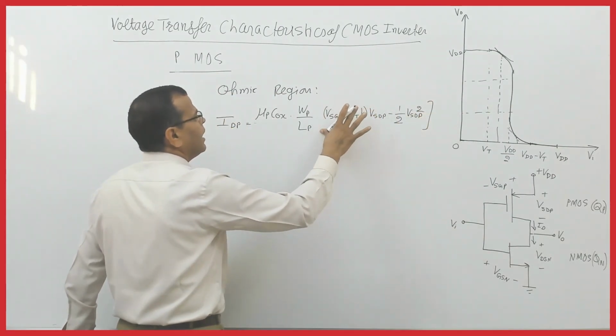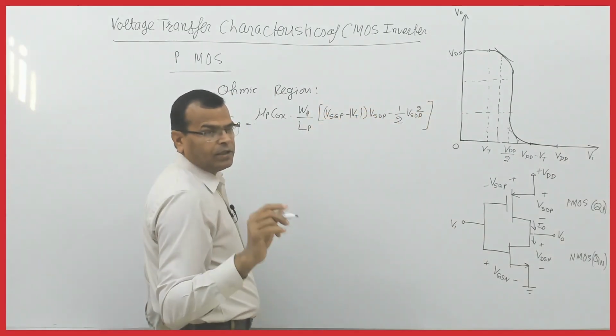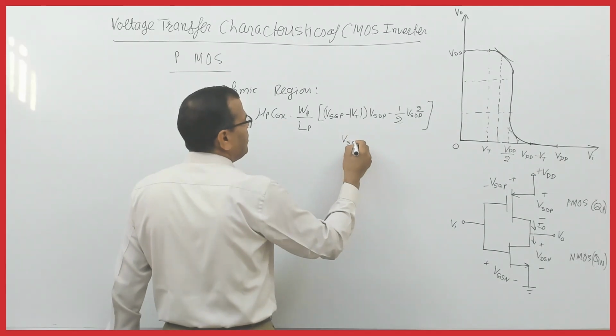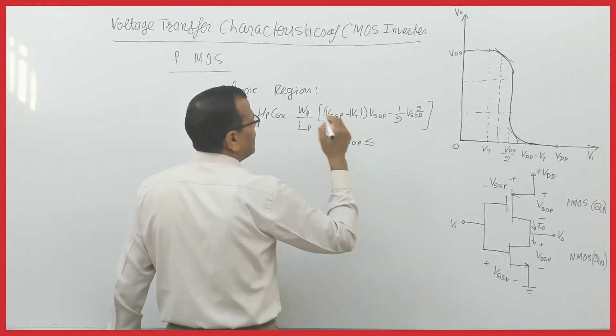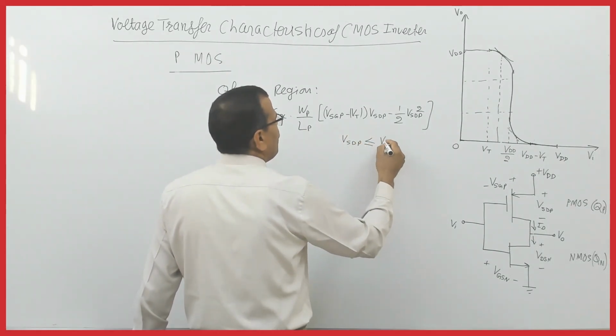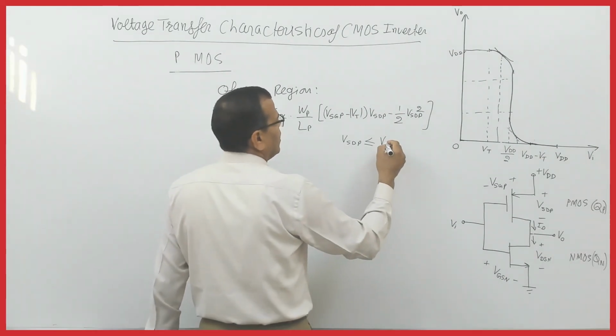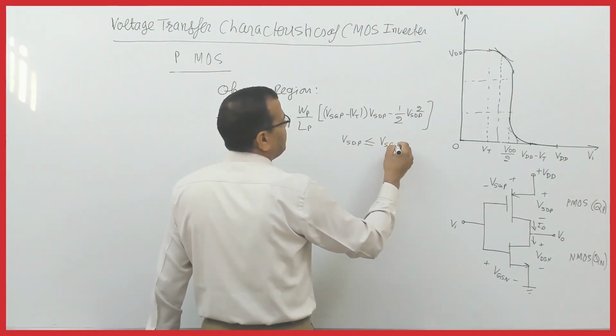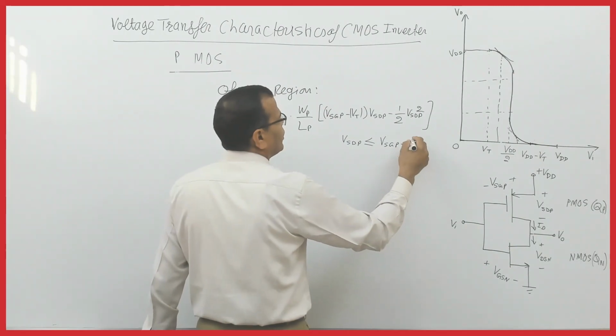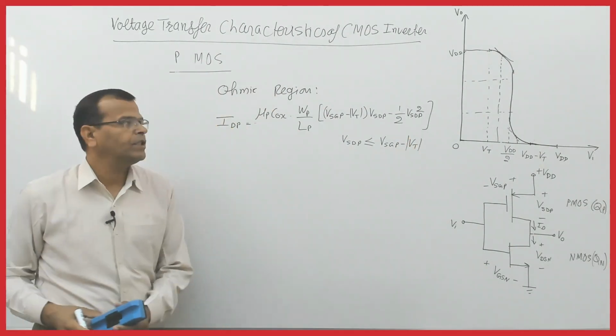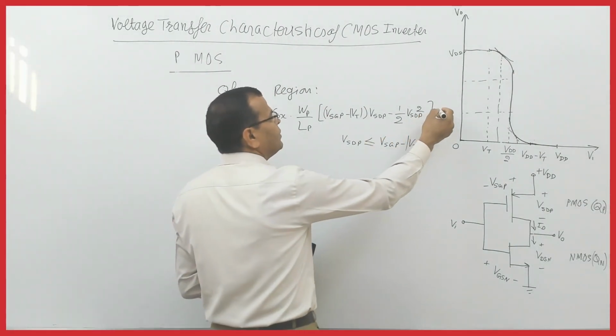That is the expression. The condition is VSDP should be less than or equal to VSGP minus mod of threshold voltage. That is the condition for the ohmic region of operation.